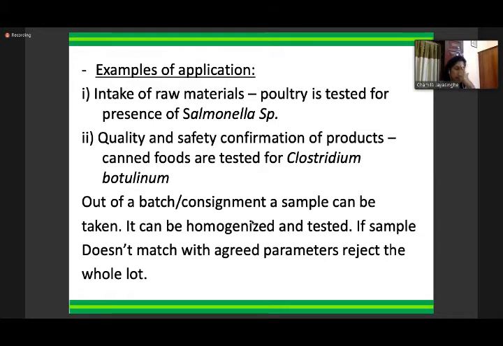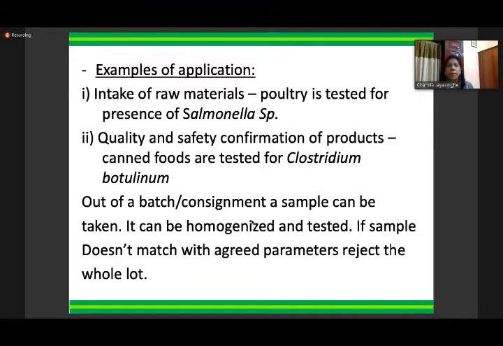In that situation, let's say you are going to check a sample of canned fish for Clostridium botulinum. Jam is not relevant, as Clostridium botulinum is not in jam, but many canned meats and different types of canned fish are there. If the Clostridium botulinum is positive, then they reject the whole lot, not only that can or that bottle.